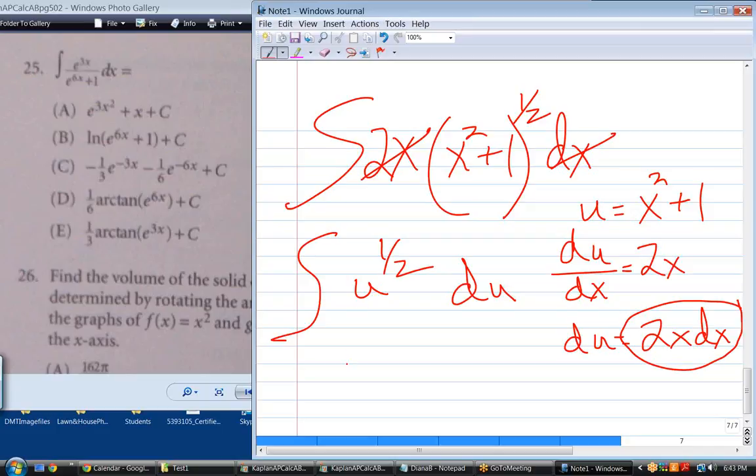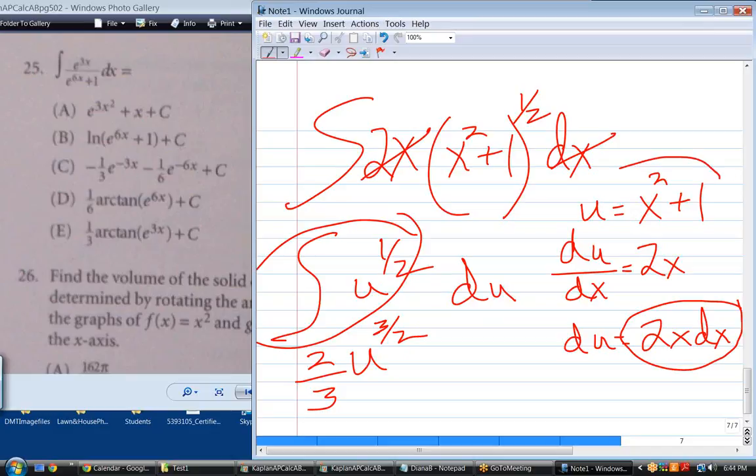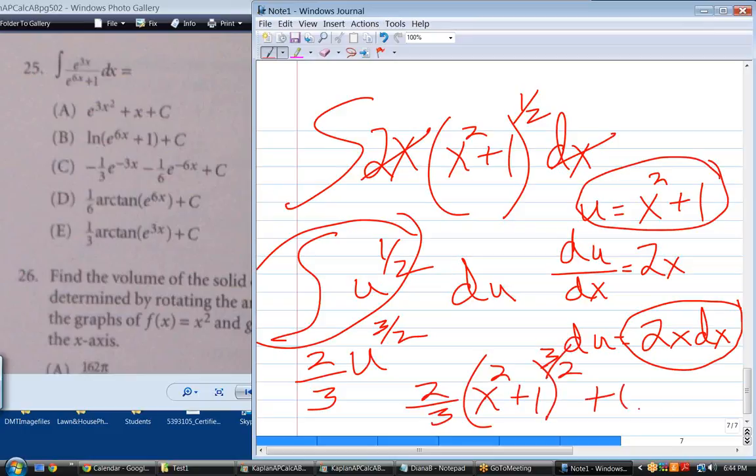So add 1 to the exponent: u to the 3/2. So that's the integral of that, plus c. And now, of course, that answer isn't going to be on there because all of their answers are in functions of x. So we have to go back and resubstitute for u. So it's really 2/3 times (x squared plus 1) to the 3/2, plus c.